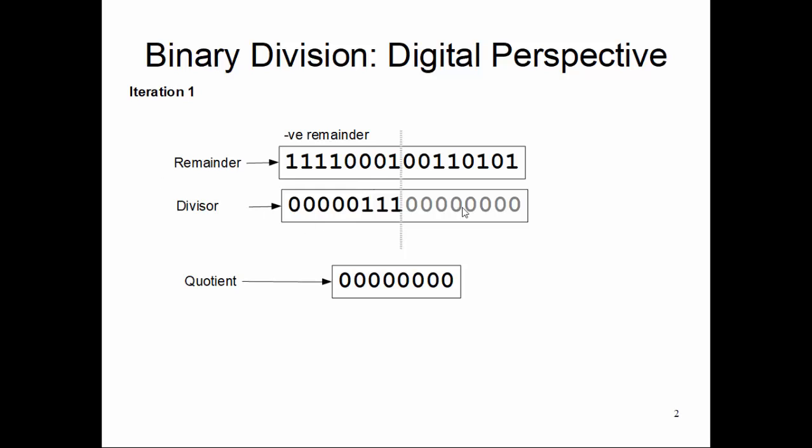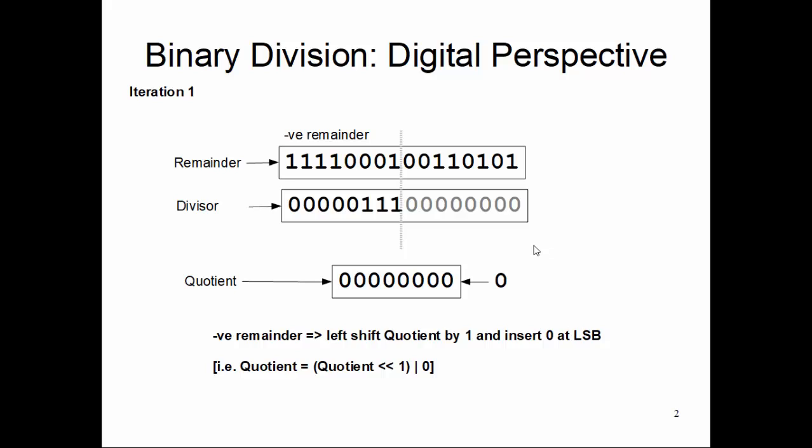So we got a negative remainder, and then if it is a negative remainder, we left shift the quotient by 1 and insert a 0 at the LSB of the quotient register. The whole bit pattern shifts towards the left, and we insert a 0 in the LSB position. In a logical operation sense, it's a left shift by 1, OR with a 0.